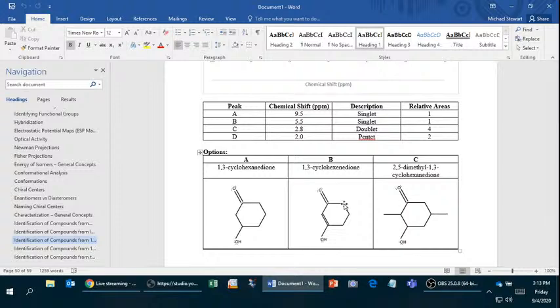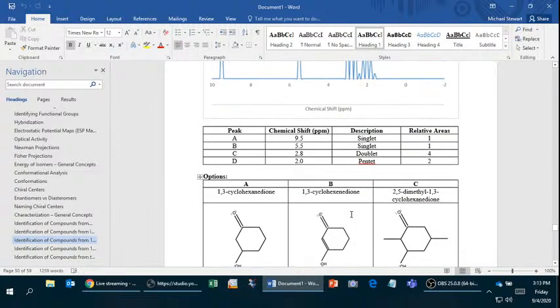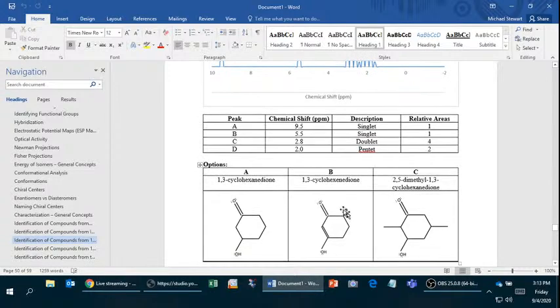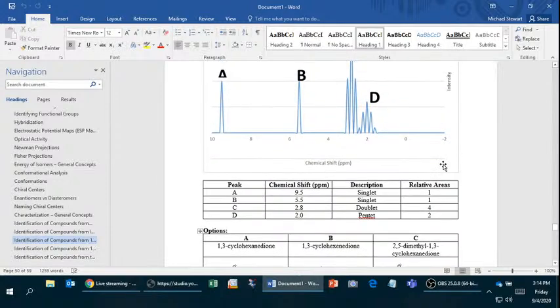I feel like I'm missing a peak somewhere. 1, 2, 4, 5. Pentet. Oh. Sorry, thinking this through. Yes, NMR is hard.